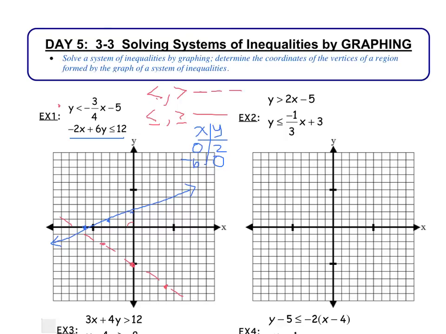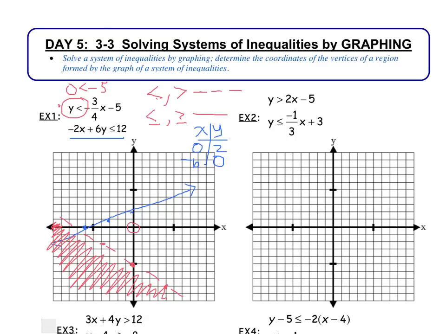When I plug it into my inequality, I would end up with 0 is less than -5. That's a false statement. So that means I am going to shade on this side of the inequality. I could also use the idea that since it is written in slope-intercept form, less than means shade below the line, which we ended up doing anyway.